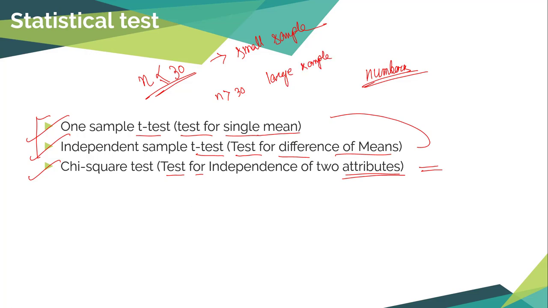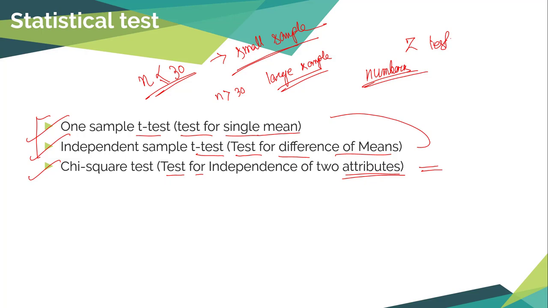So both these t-tests are meant for small samples. If you are going to do a similar kind of test for a large sample, then it is called the z-test. The approach is the same, the formulas are almost identical. So it is a very minor difference between them.